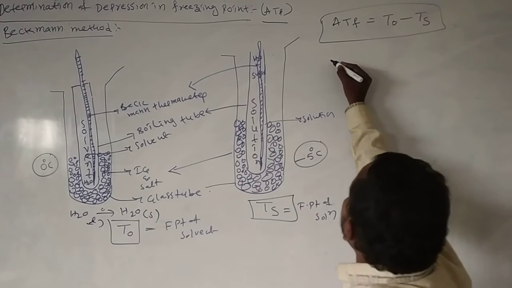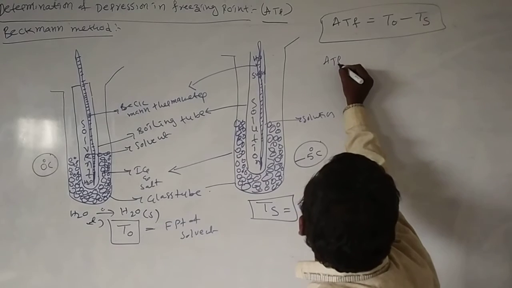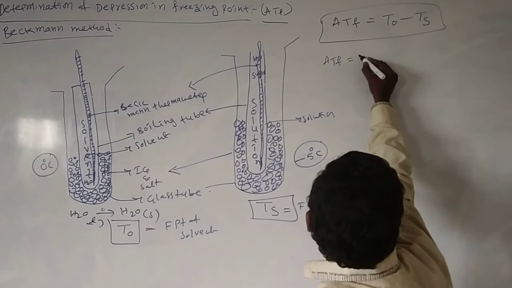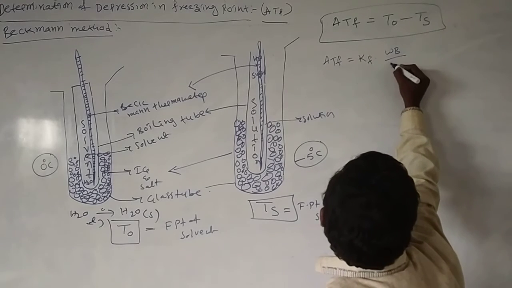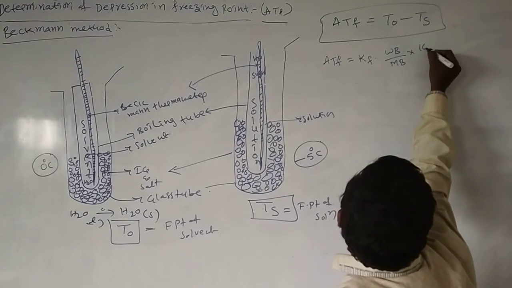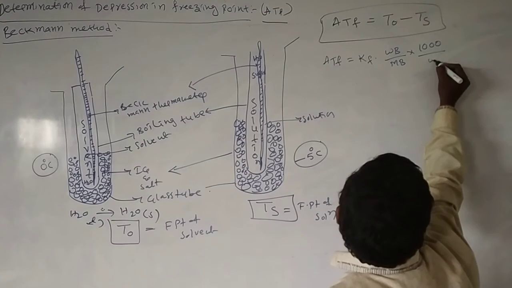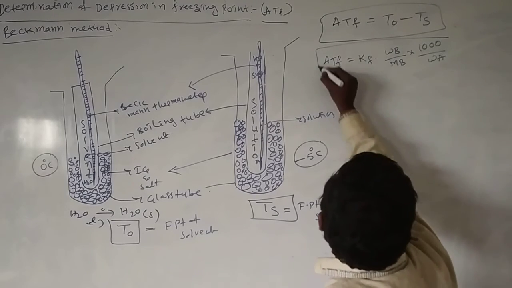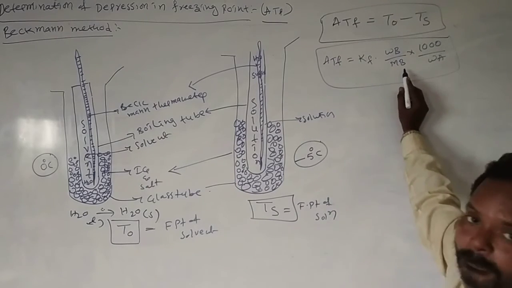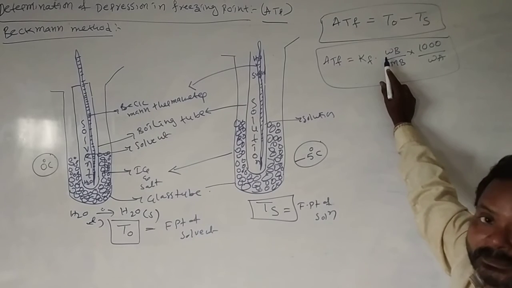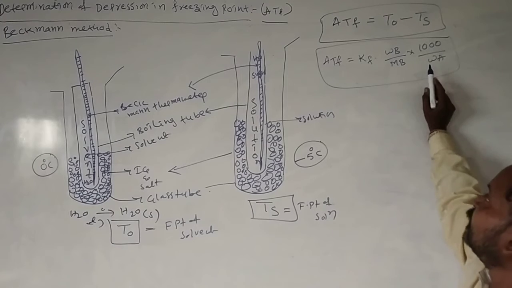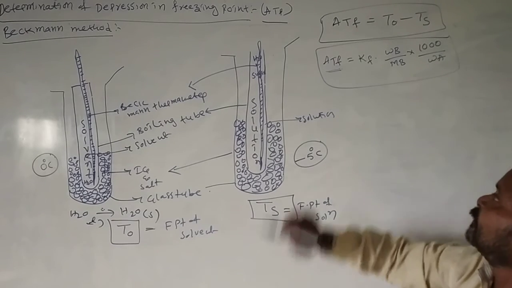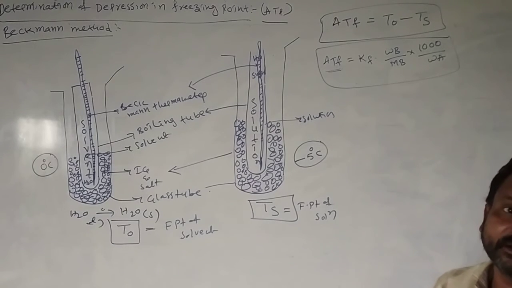One more principle is there: delta TF is equal to KF into WB by MB into 1000 by WA. Using this, if you know the molar mass and the weight of the solute and solvent, we can calculate the depression in freezing point.